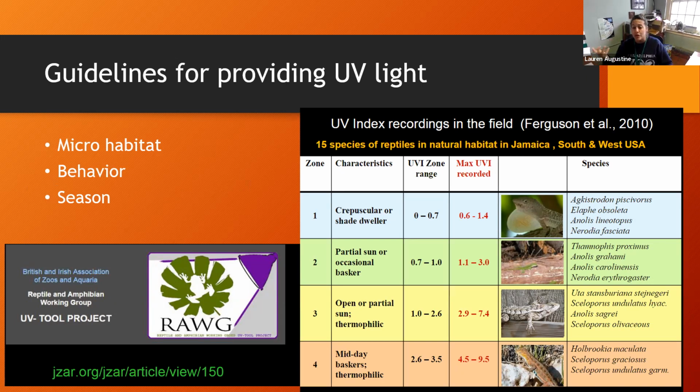these Ferguson zones are extremely helpful for a starting point for the diversity of taxa that we do keep in zoos. And then building off that, the AAZK did this UV tool project where they really expanded. So Ferguson based his zones on wild animals and wild natural UV readings. And then the UV tool project really expanded this for a lot of the species that we keep, reptiles and amphibians, sorry, to the rest of the taxa.